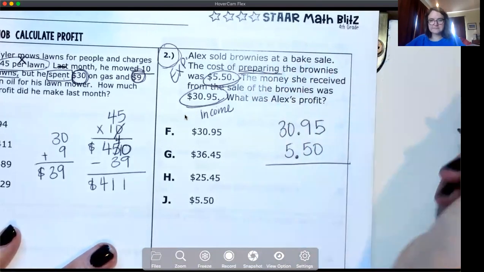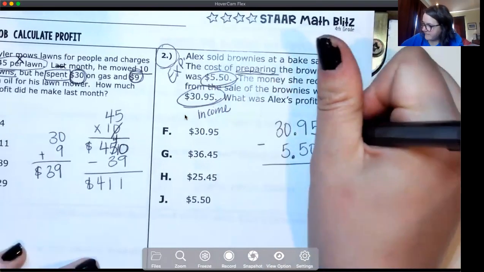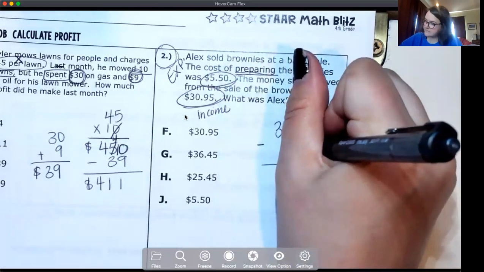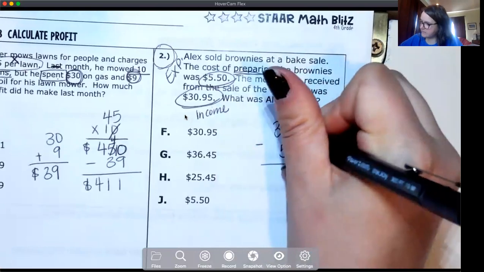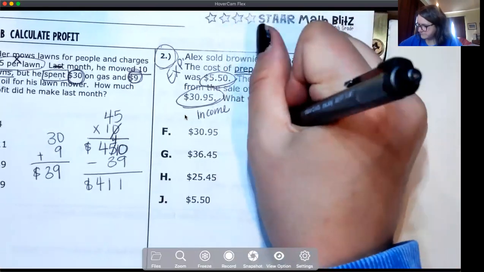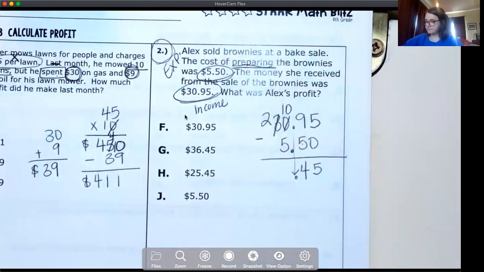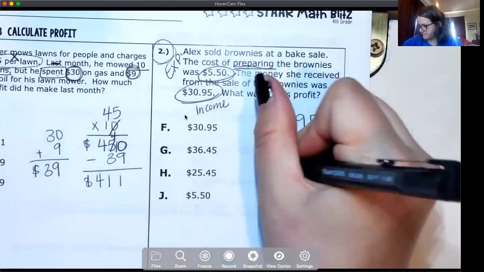We're all lined up, so let's boogie. 5 minus 0 is 5. 5, 6, 7, 8, 9, 4. Bring down that decimal point. We got to do some borrowing. 10 minus 5. 2 minus 0.